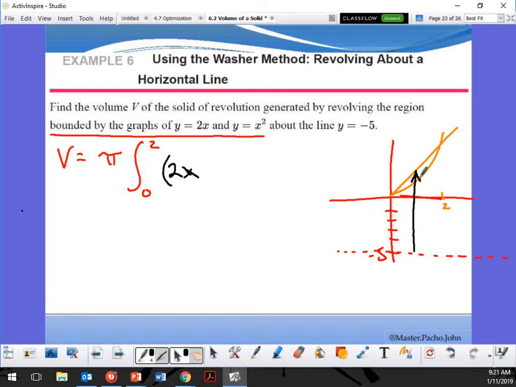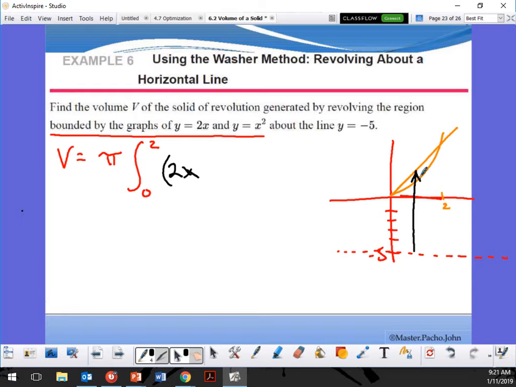If I moved up the other way, it would basically be a minus, taking off from the radius. If I were rotating around something above the x-axis, I would take away from the radius. In this case, because it's rotating around y equals -5, it's going to be plus that value.